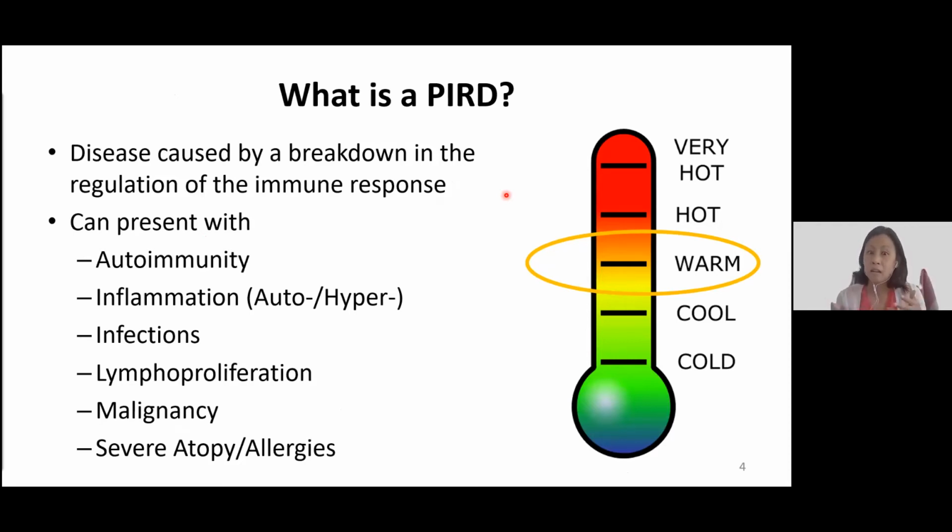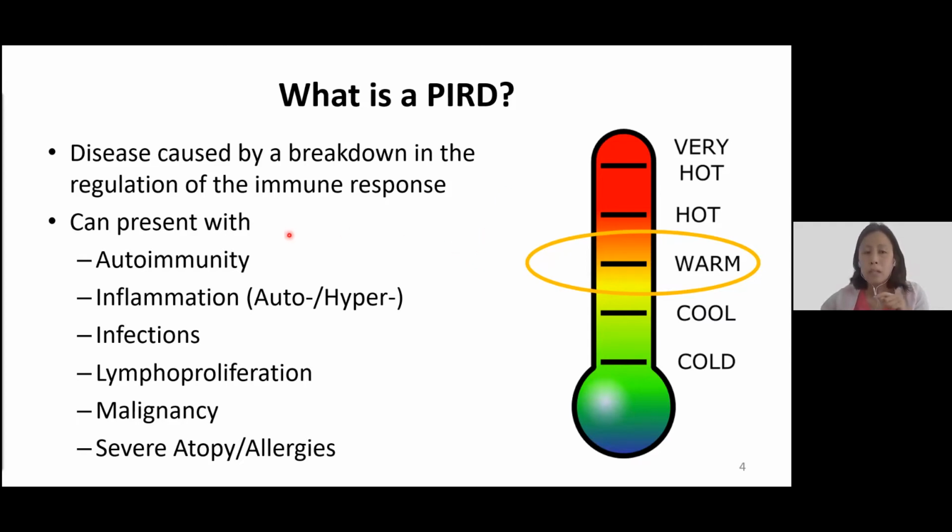And then on the other side, we don't want the immune system to be overactive, running around, attacking different parts of the body and causing a lot of damage. We really want the immune system to be just right, in that cool, warm spot where it's able to turn up and down the immune response as needed, depending on what's causing problems for the body.